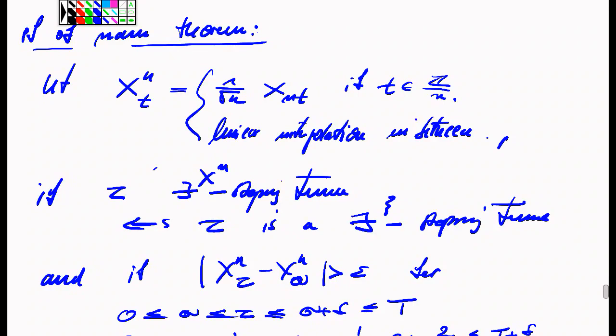So our main theorem was the claim that this collection of scaled random walks, where we apply a diffusive scaling, which is linear in time and 1 over square root in space.